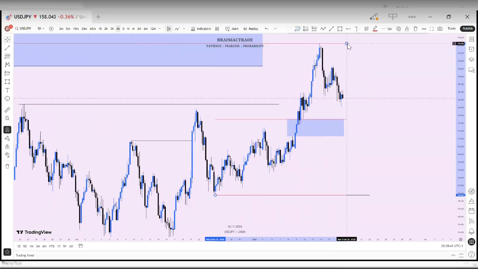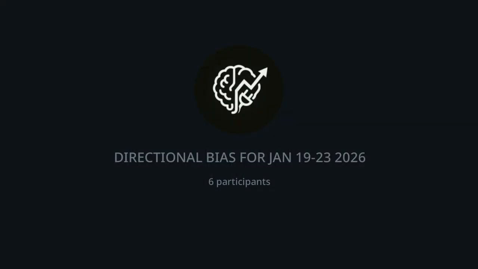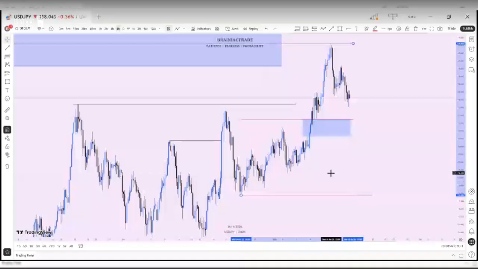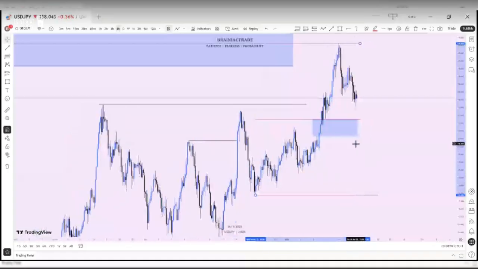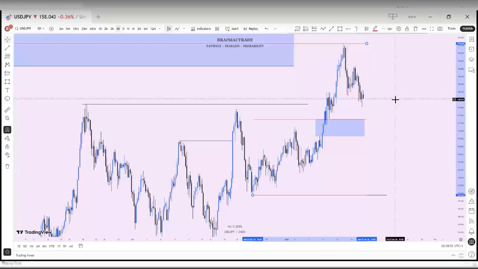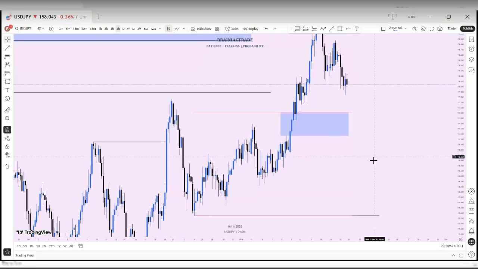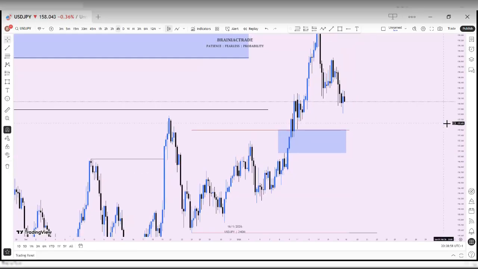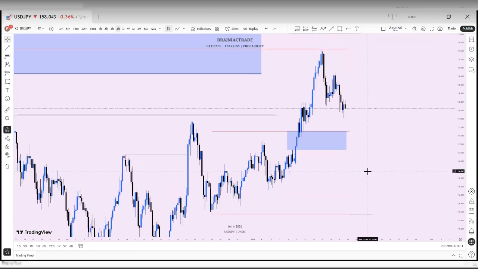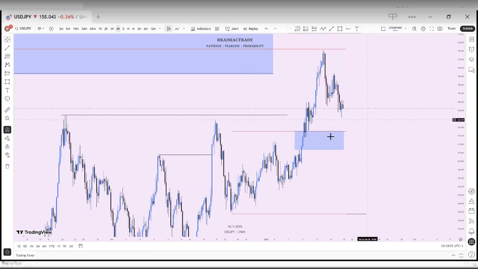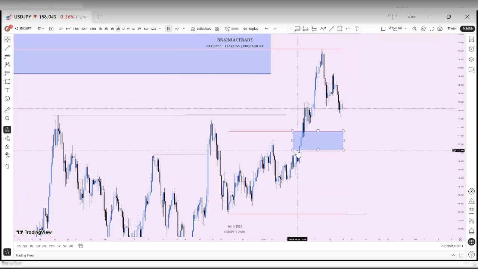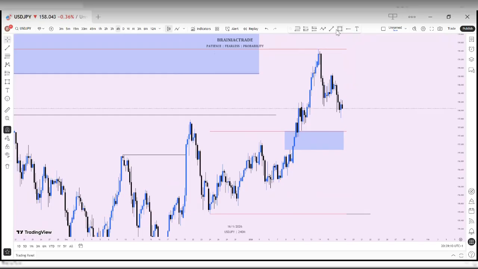This fair value gap comes to the discount zone, to show you that everything just comes together. So you can test your reversal from this zone, after this sweep and fair value gap, after external range liquidity, internal range liquidity, and the discount zone.